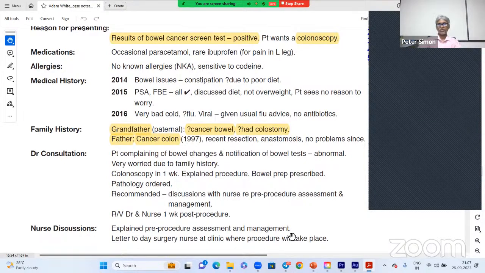You can say education regarding. So complete the sentence. Has been provided. Education regarding dash has been provided.